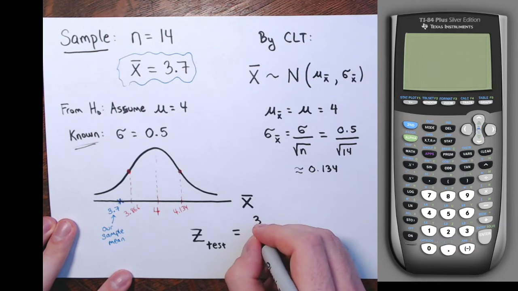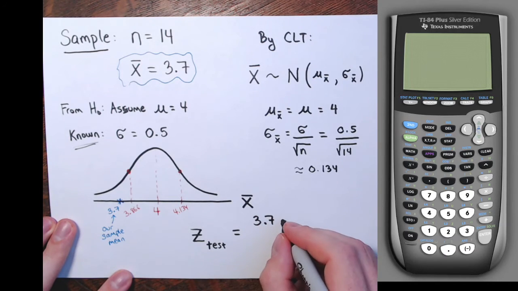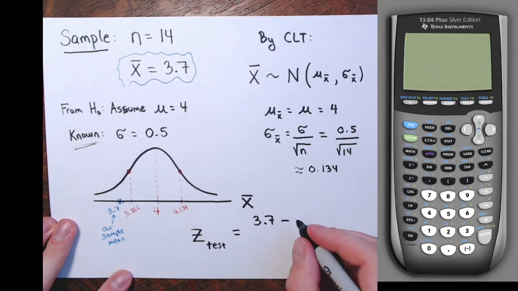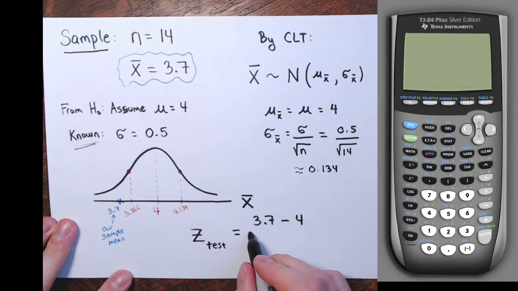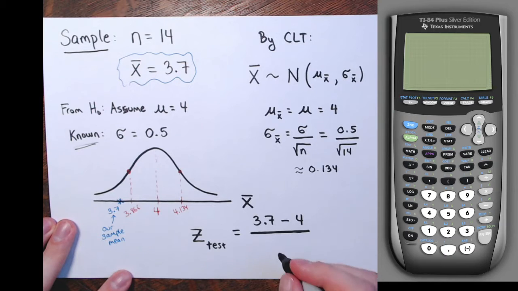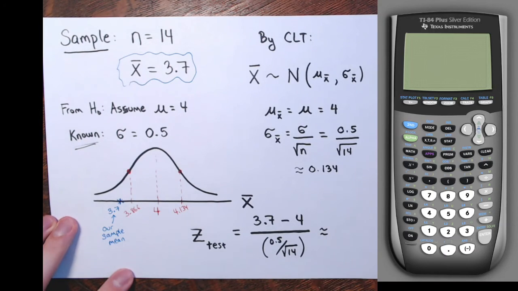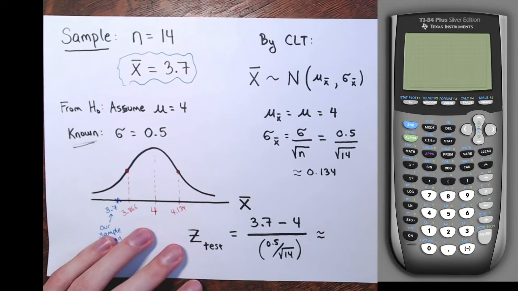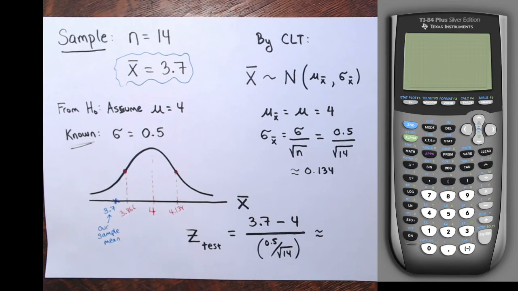So I take the value 3.7 and figure out how far away from the mean it is. I subtract 4, and then divide by the standard deviation, which was 0.5 divided by the square root of 14. And then they're asking us to round this to 2 decimal places.